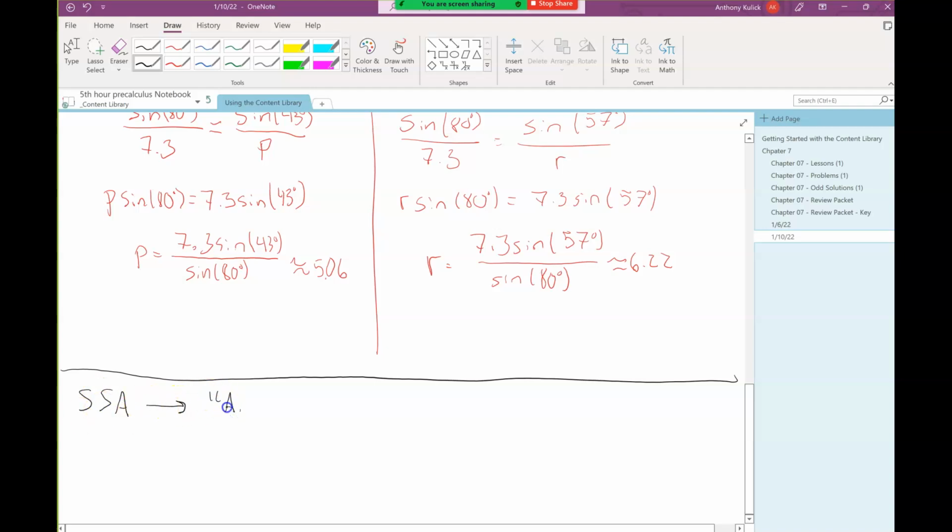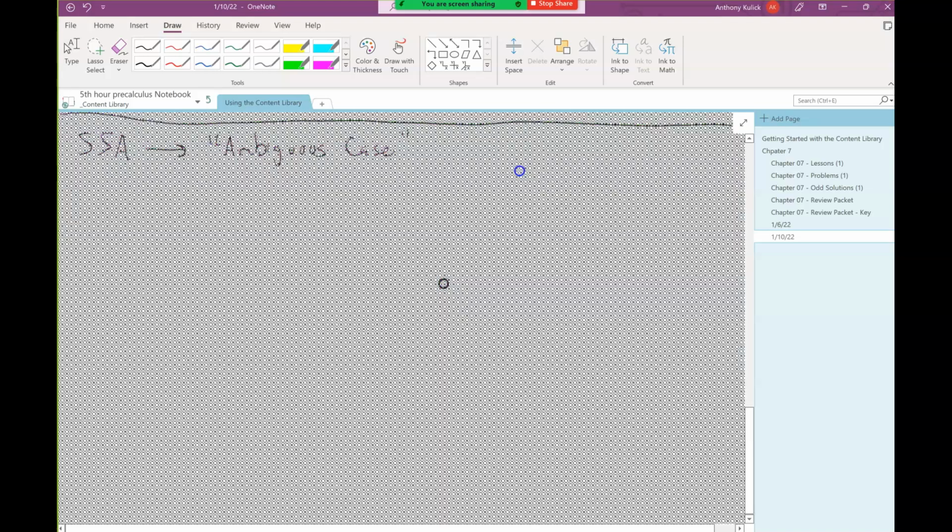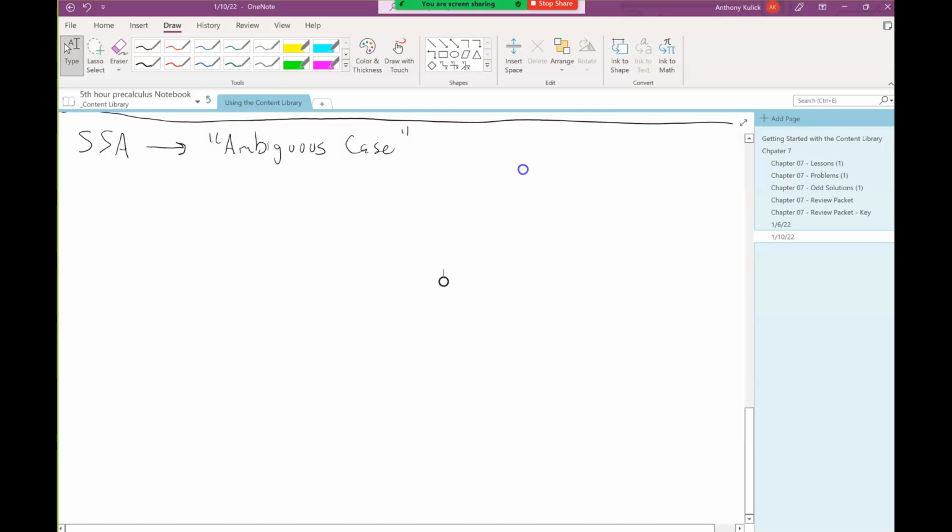This is sometimes called the ambiguous case. So if we think back to our geometry class, I know that was a long time ago, if you think about your triangle congruence theorems, it also had those 3-letter abbreviations.